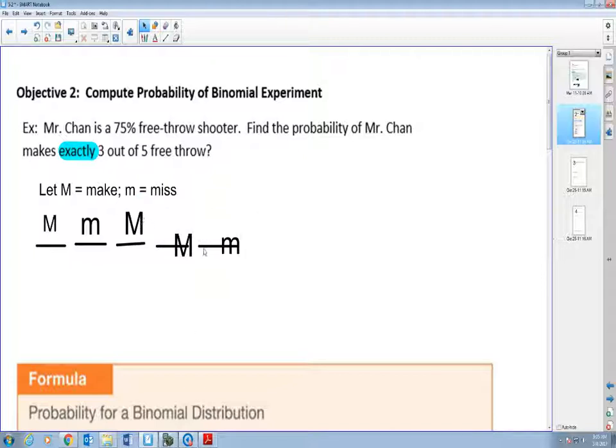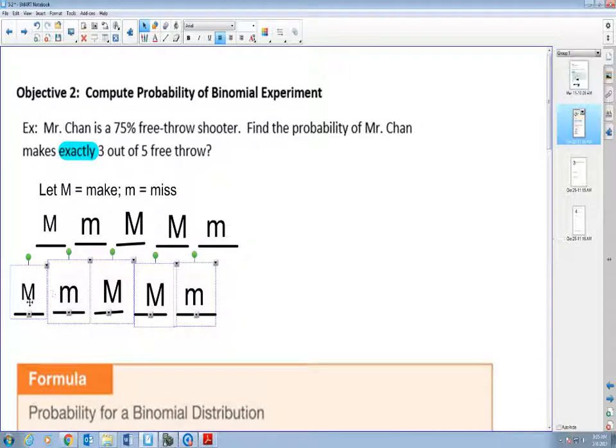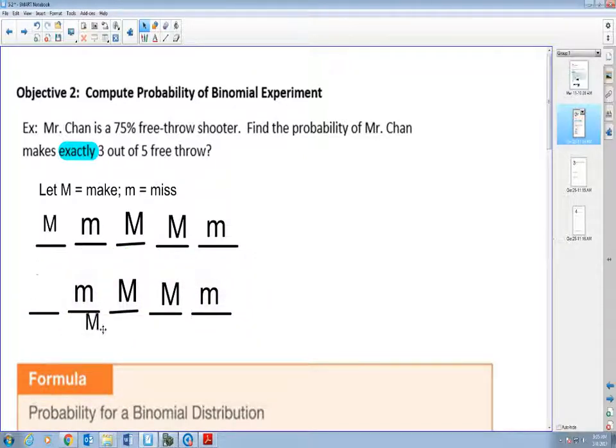So this is one way I can make the 3 shots. I want you to understand that I could do different things. I could make the first 3 and miss the last 2. That's another way to make exactly 3 out of the 5 free throws.